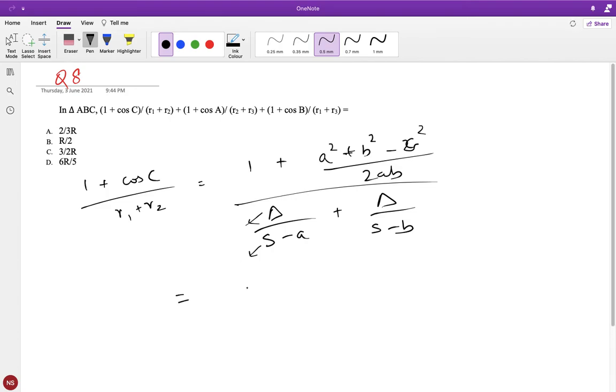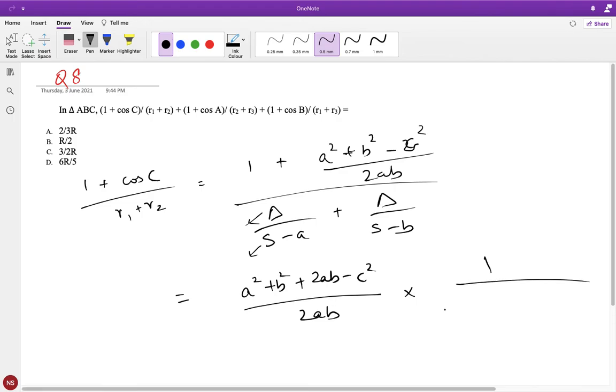To take the LCM: (a square plus b square plus 2ab minus c square) by 2ab, 1 by delta, take delta common. 1 by s minus a plus 1 by s minus b will be s minus b plus s minus a by (s minus a) into (s minus b).